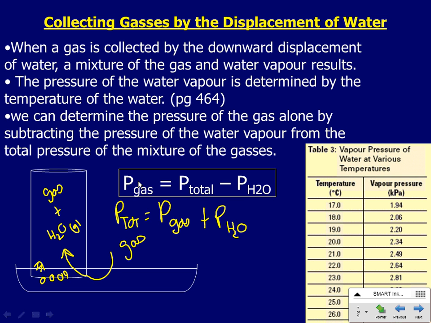So I need to do a little subtraction in order to do that. Okay? So that's how we get what the gas is. And that's the only reason I've taught you about Dalton's law of partial pressure and vapor pressure, so that we can figure out what the pressure of the gas by itself is.